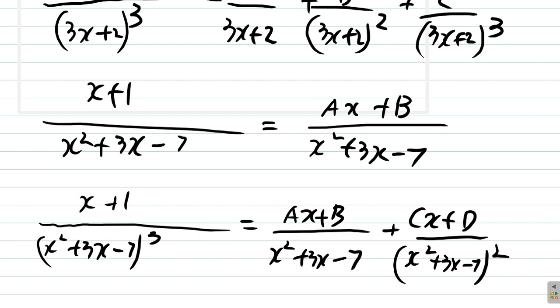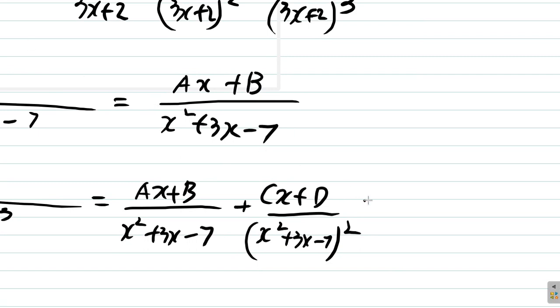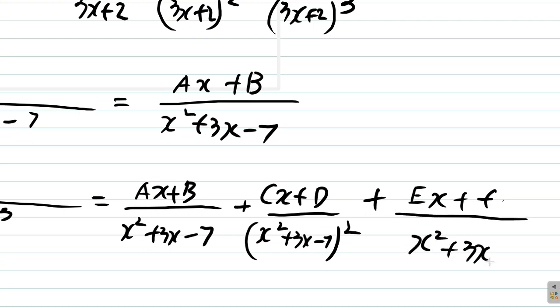Right? See that? Then plus ex plus f over x squared plus 3x minus 7 cubed. And then you have to figure out what your a, b, c, d, e, f are.